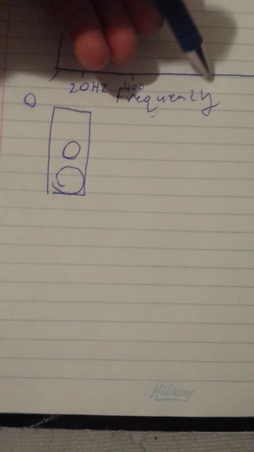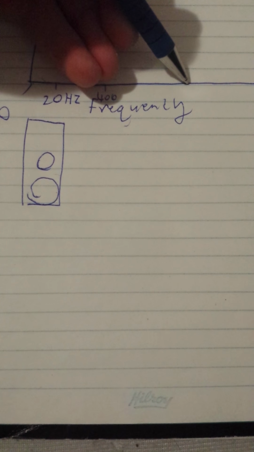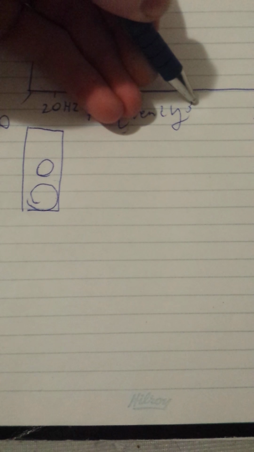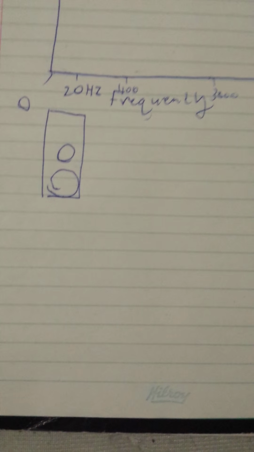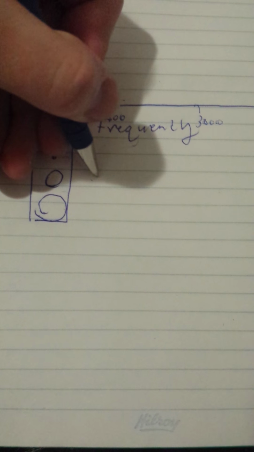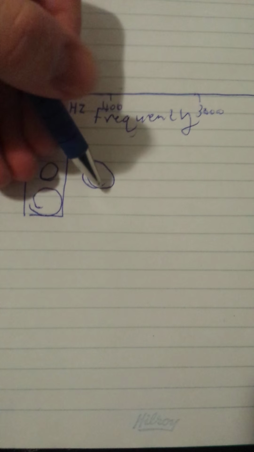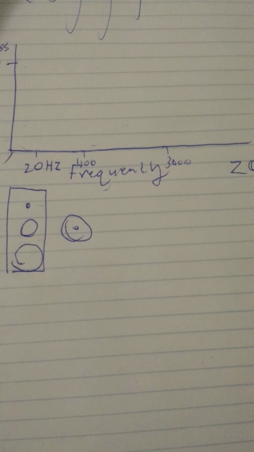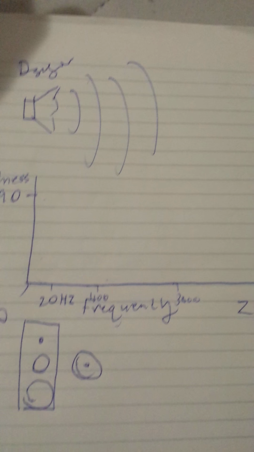Mid-range, 400 to about 3,000. And tweeters handle 3,000 to 20,000. But there are also types of drivers that have all 3 of them combined into one, and that's what I'm drawing here.